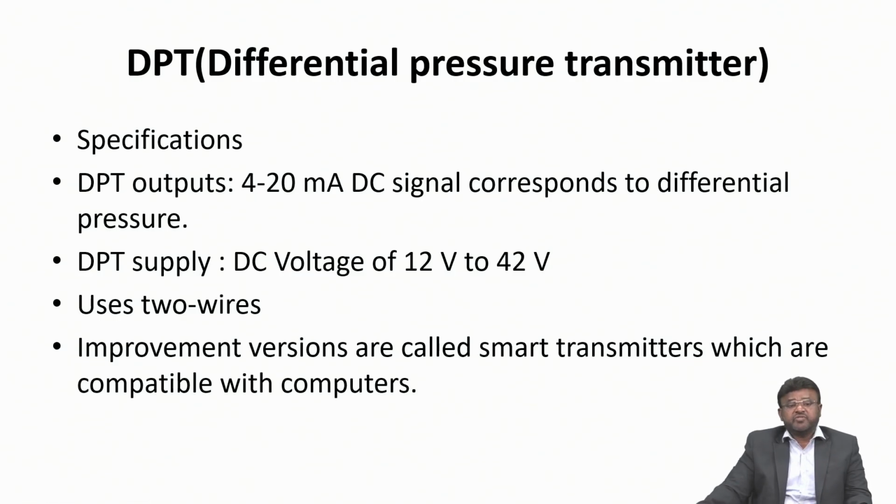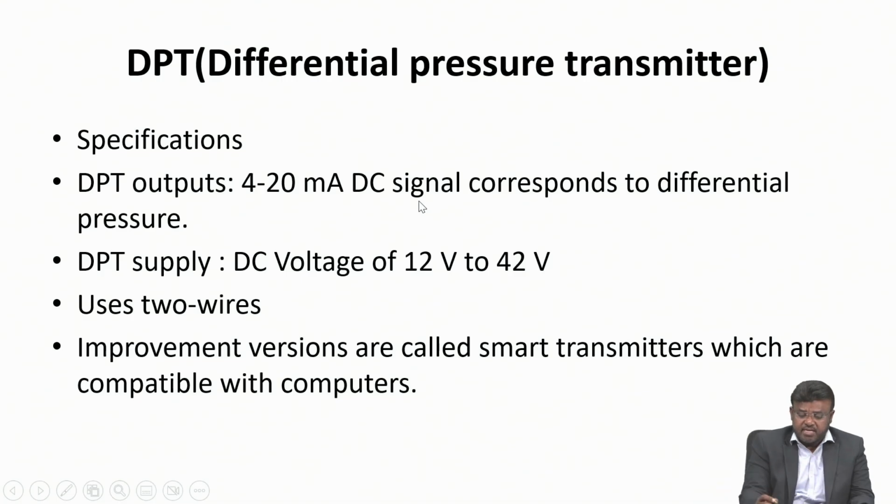So what are the various specifications of differential pressure transmitters? Here the input, if it is water, flow rate is the input. The specification of a DPT is basically a 4 to 20 milliamperes DC signal that we will get. That means suppose this is the DPT I am using.